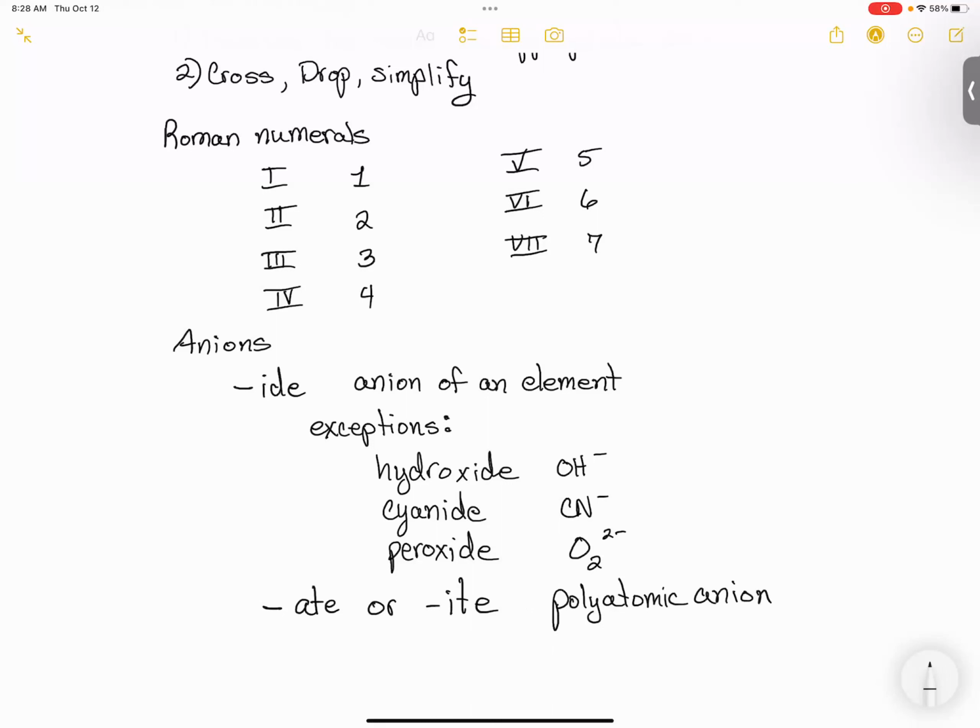The suffix tells you what type of anion you are working with. Questions? So let's look at a few examples.